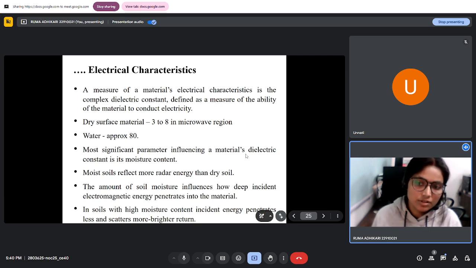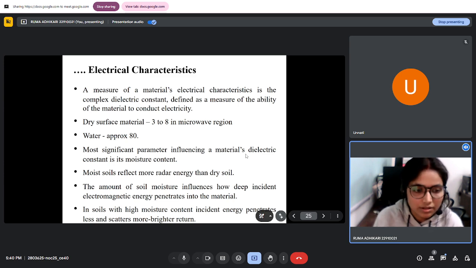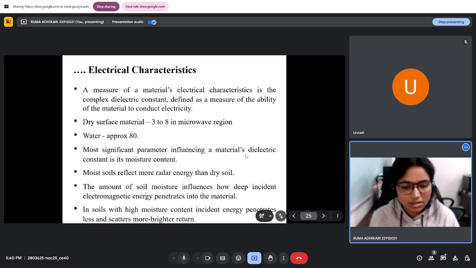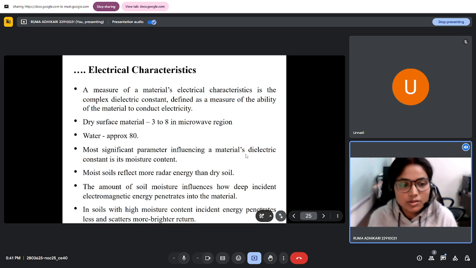So what we have seen is that dry soil shows some reflection. When it has some moisture content, the surface of its particles becomes somewhat smooth. For pure water, it has a much smoother surface and shows specular reflection.